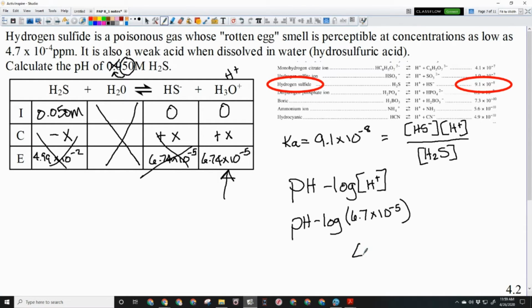Okay, so this is 4.173, 2 sig figs. So this 7 is going to round this to 4.2 is our pH, okay? So that's what that number is right there in the corner. That's the correct answer that we should be getting for this. And so I just verified that we did this correctly according to the key.